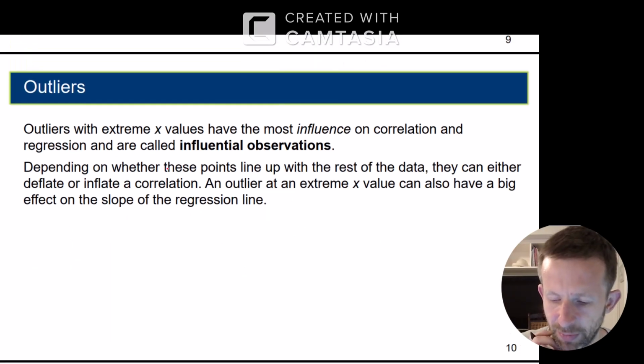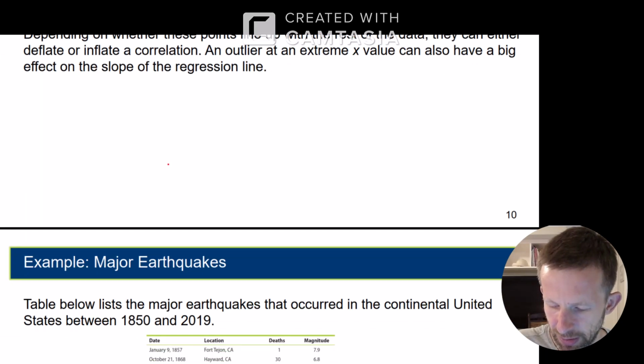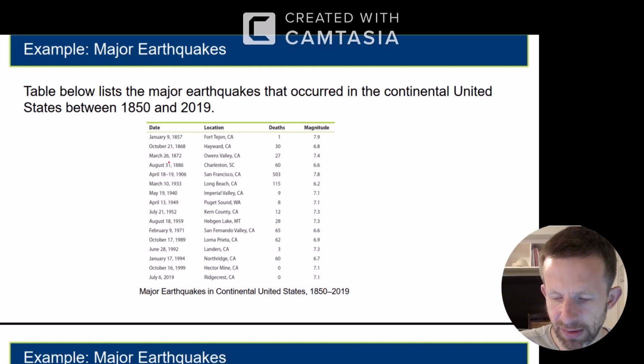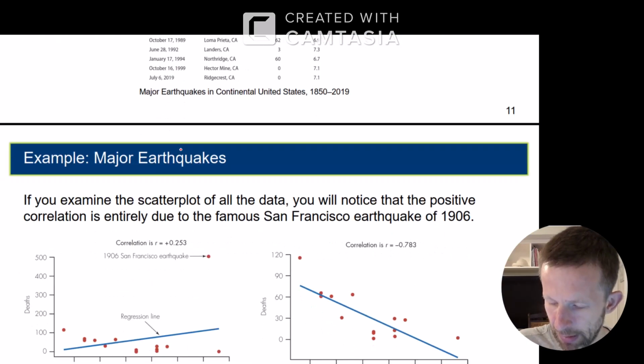Outliers with extreme x values can have a lot of influence, and depending on where those points line up, they can either deflate or inflate a correlation. So here's data for major earthquakes between 1850 and 2019.